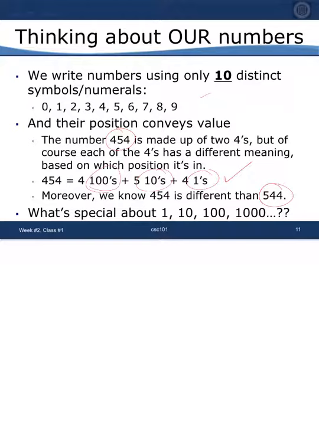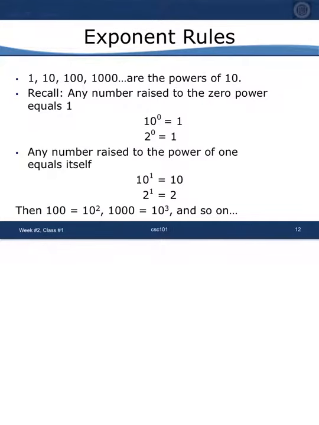All right. Now, what's so special about these place values, right? Namely 1, 10, 100, 1,000, and so on. Well, hopefully you remember that these are the powers of 10. In other words, remember, any number to the 0 power is 1. So the ones digit is really 10 to the 0 power.